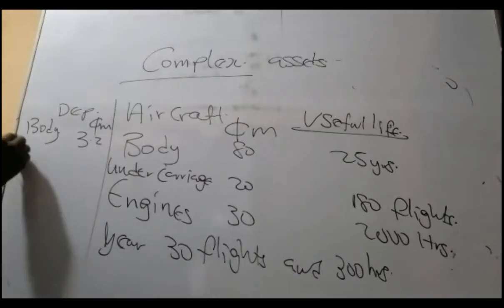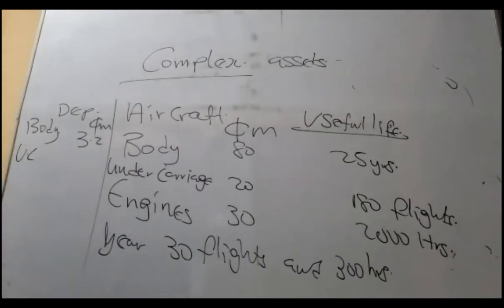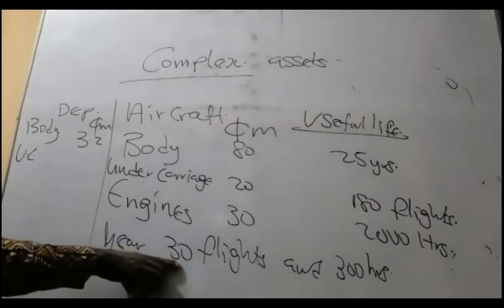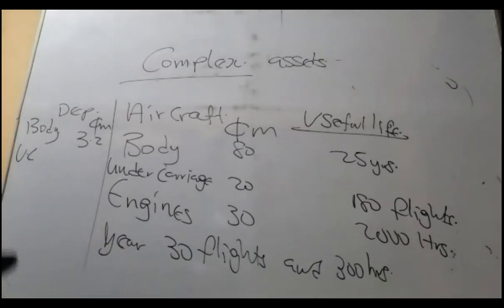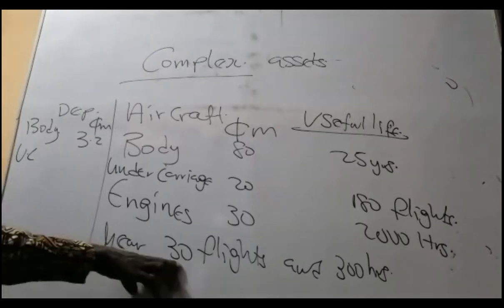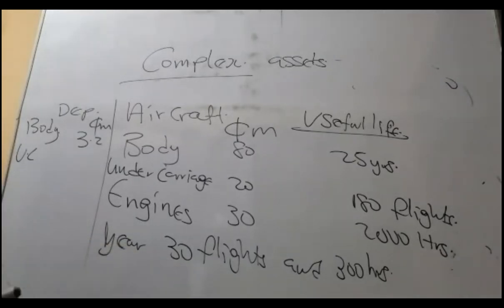Then you go to the undercarriage. That one is going for 180 flights, but in the first year they had 30. So you get the depreciation per flight, and then you multiply by 30 flights in the first year.